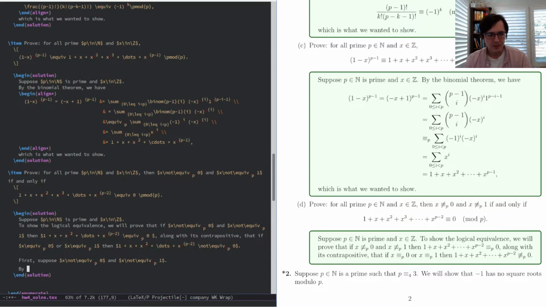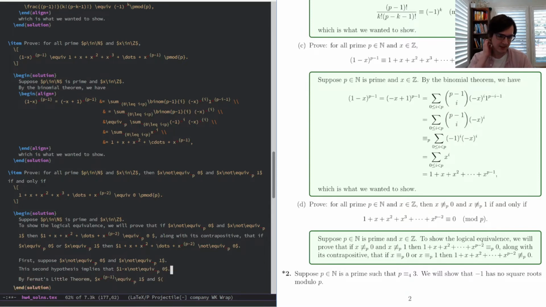Okay, by Fermat's little theorem, since X is not 0, we get X to the P minus 1 is equivalent mod P to 1, and also, I'll say this, the second hypothesis implies that 1 minus X is not equivalent mod P to 0.